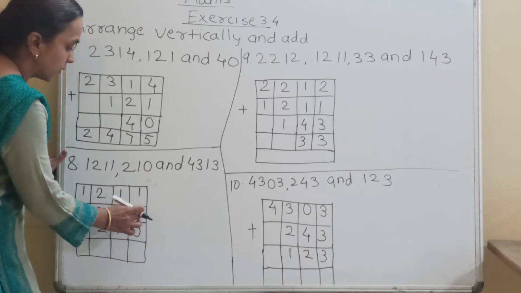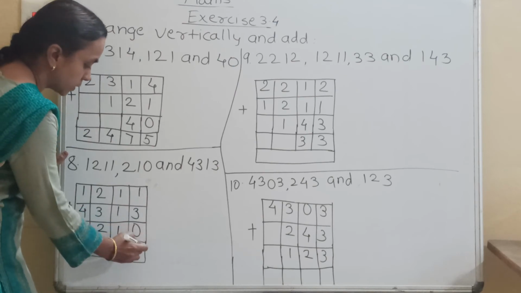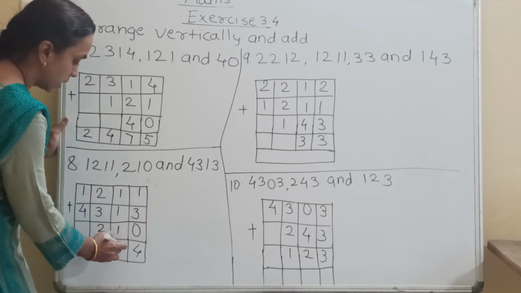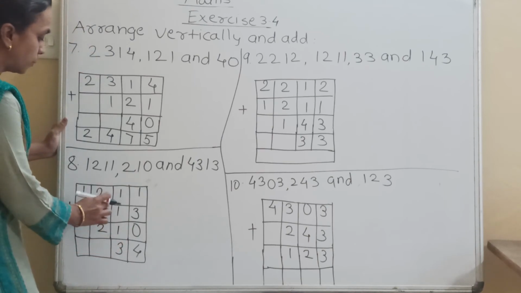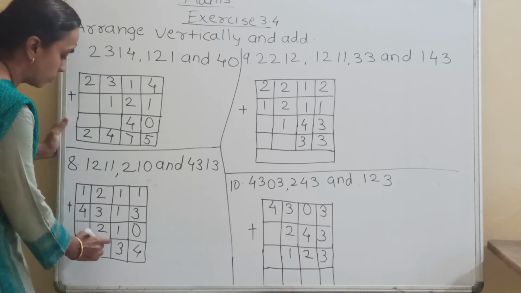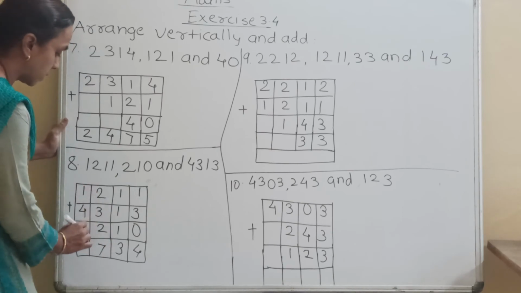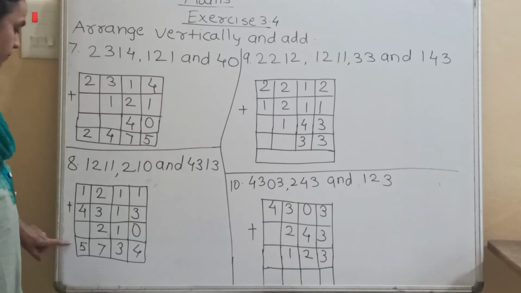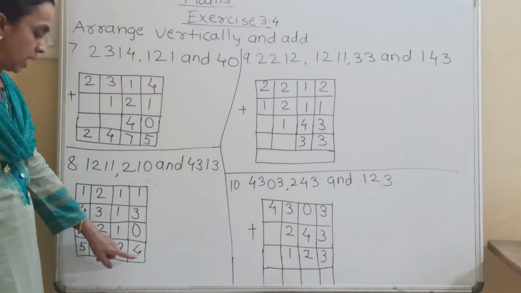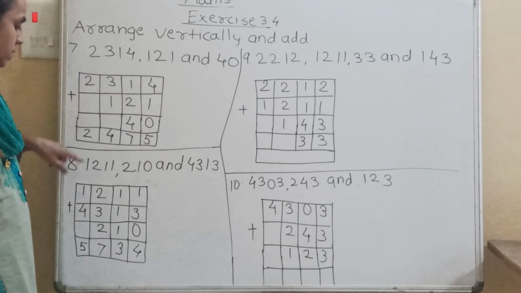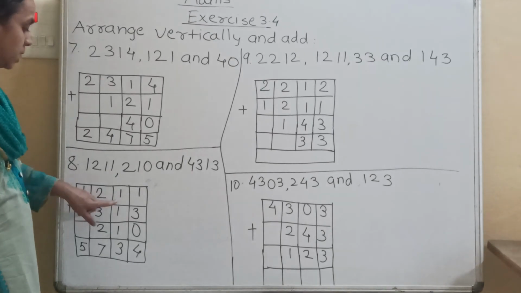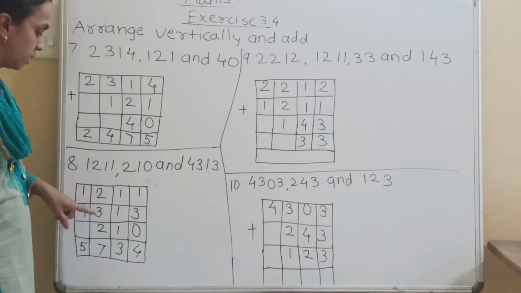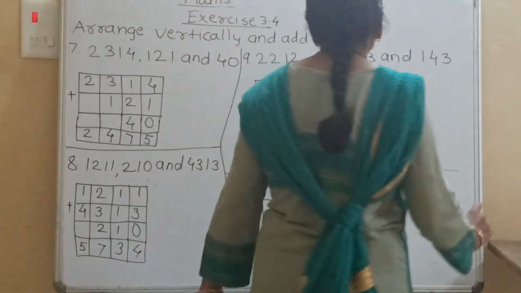Then start 3 plus 1, 4, 4 plus 0, 4. 1 plus 1, 2, 2 plus 1, 3. 2 plus 3, 5, 5 plus 2, 7. 4 plus 1, 5. So what is our answer? 5734. So in each box you will write one digit like this. So in this way you write down all these answers.